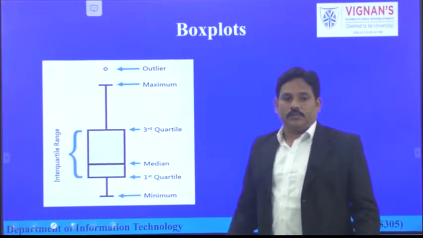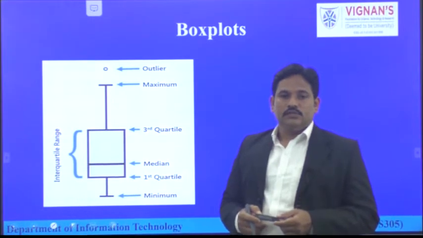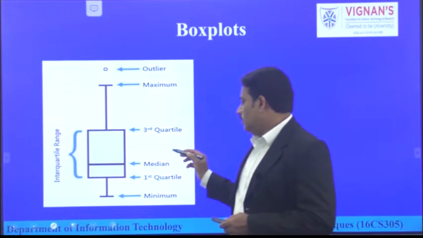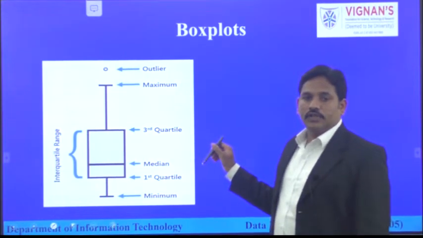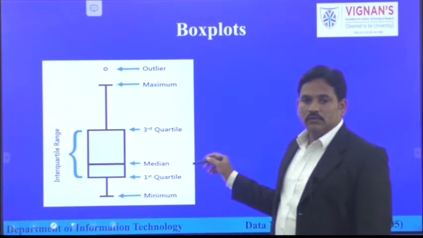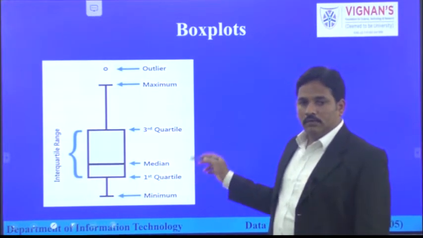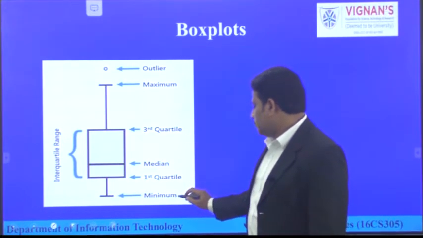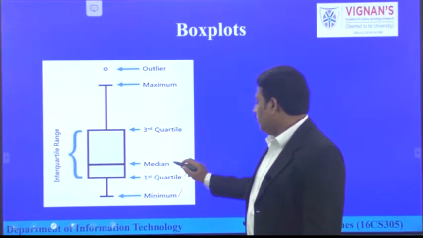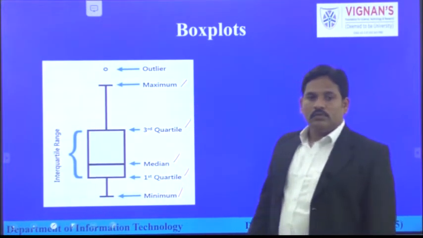Here we are representing the distribution of the data in a visualized format, using Q1, Q3, median, minimum and maximum in order: first minimum, quartile 1, median, Q3 and maximum.